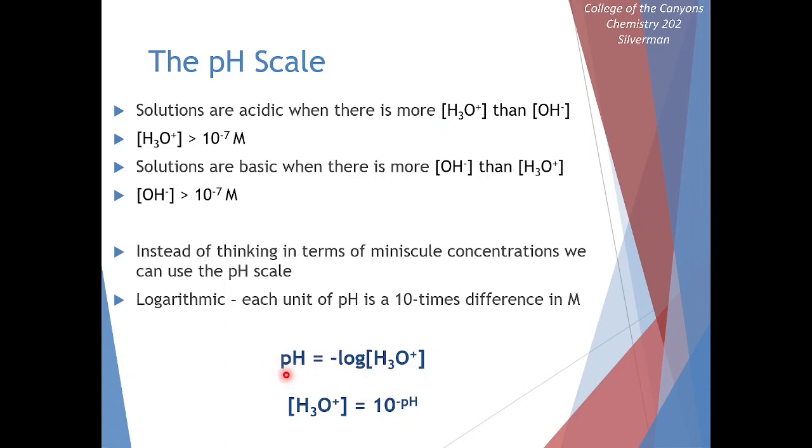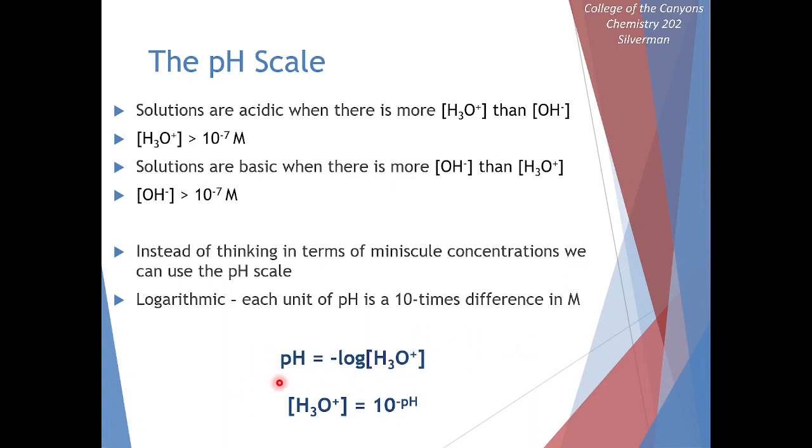Every 1 unit of pH is a 10 times different concentration. This condenses our concentrations, which range over maybe 14 orders of magnitude, down to a pH scale, which ranges over maybe just 14 numbers, from about 1 to about 14.